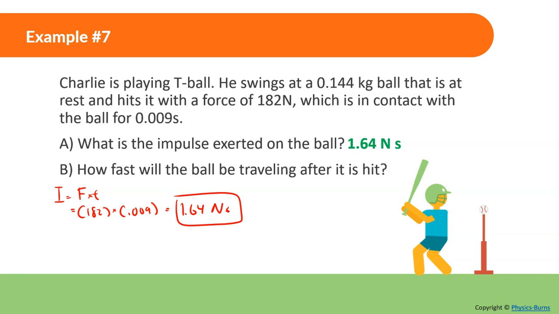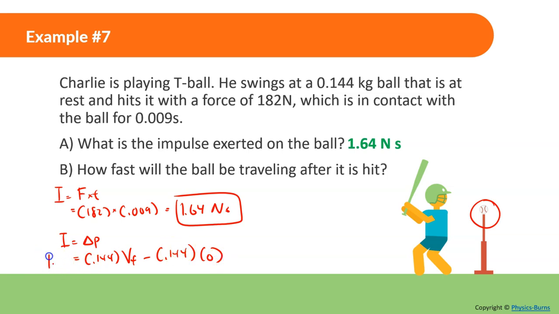Part B is how fast will the ball be traveling after it was hit? So we should also know impulse is equal to change in momentum. Now we know the mass of the ball is 0.144 kilograms, and we're looking for the final velocity minus the momentum at the beginning. But in t-ball, at the very beginning, the ball is not moving, so this is just 0.